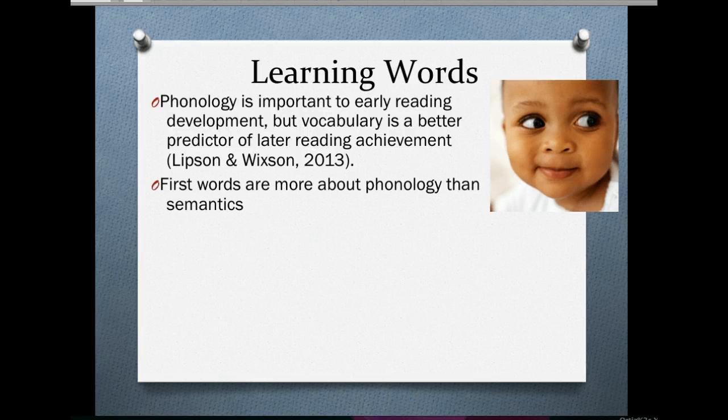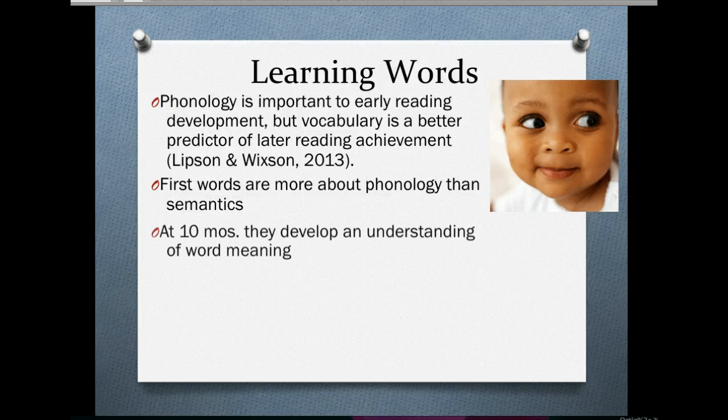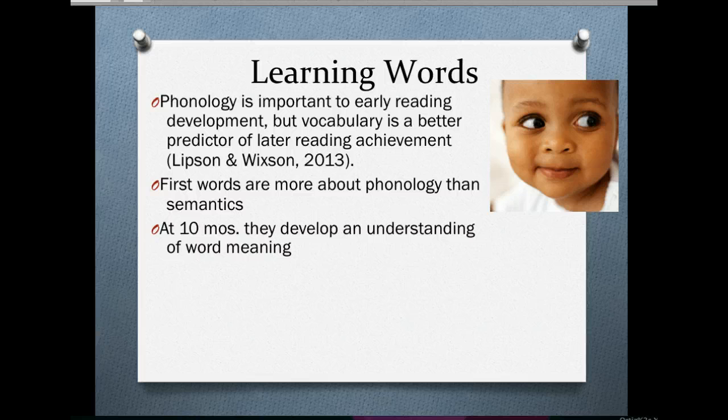Okay, so the first words that a child learns are more about phonology than semantics. Remember, semantics is meaning, so the first words are mostly sounds. Kind of like when they're babbling, like ba ba ba ba ba. They're learning to play with sounds, or they might be mimicking a sound. At 10 months, they develop an understanding of word meaning.